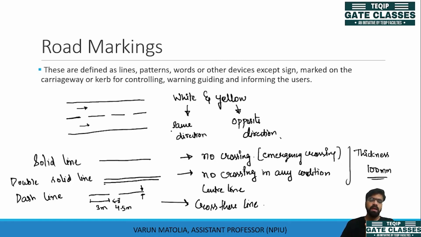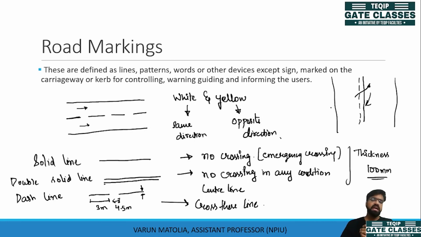If there is a line where it is a solid line on one side and a dash line on the other, it is dividing two lanes where one lane is allowed to cross into another in case of emergency, but the opposite lane is never allowed to cross.